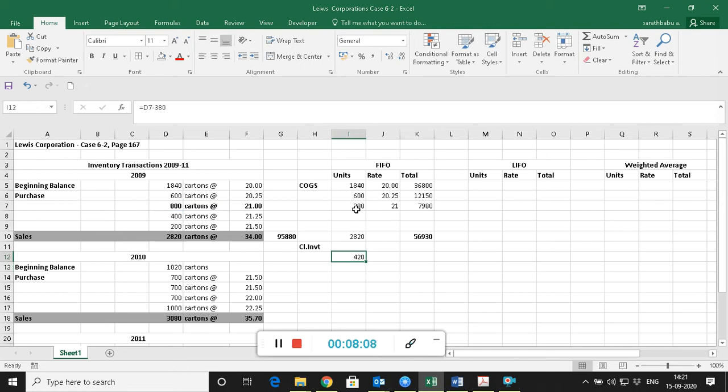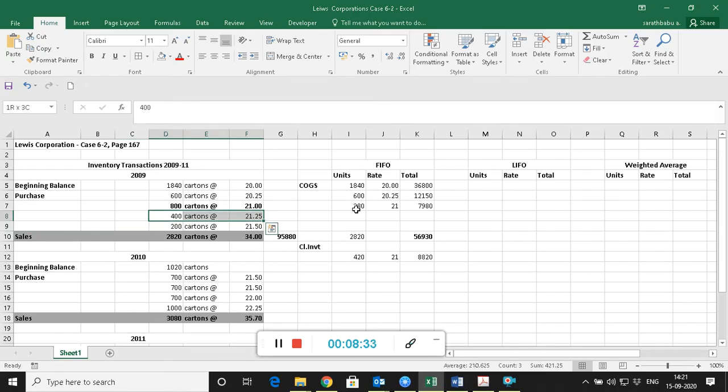So I'm having a closing stock of 420 from the third lot, which is valued at 21. Therefore 420 into 21, that makes 8,820. Okay, what about the fourth lot, that is 400, which I have here?